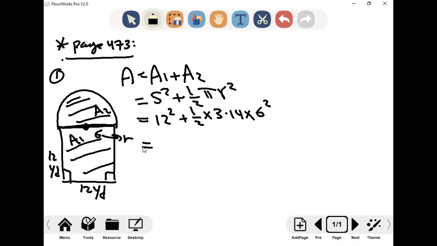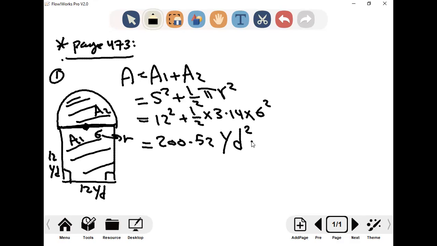This is 144 plus half multiplied by 3.14 multiplied by 36. It will be 200.52 yards squared. This is question 1 and this is homework, okay?